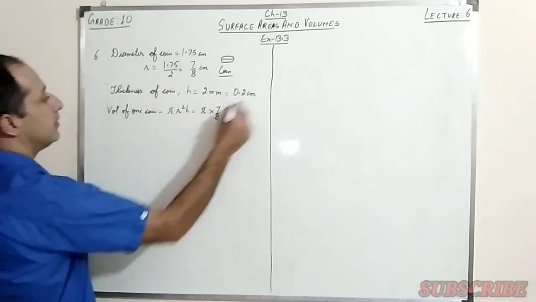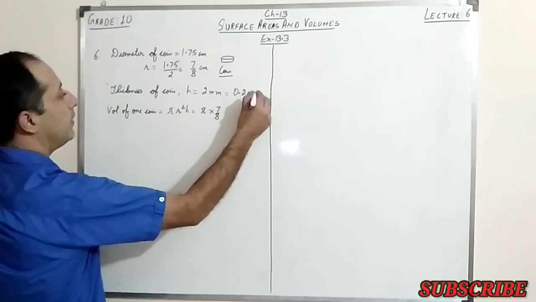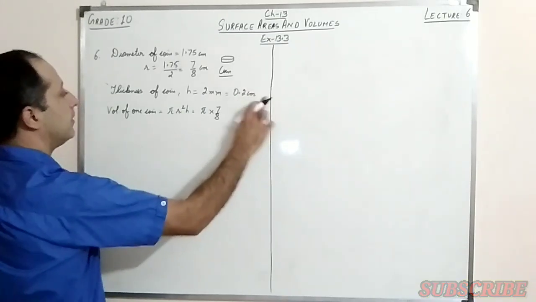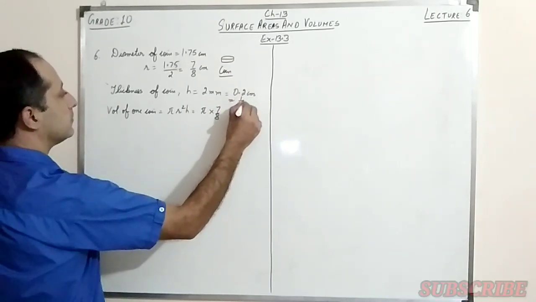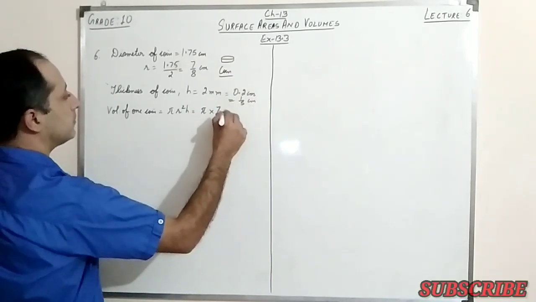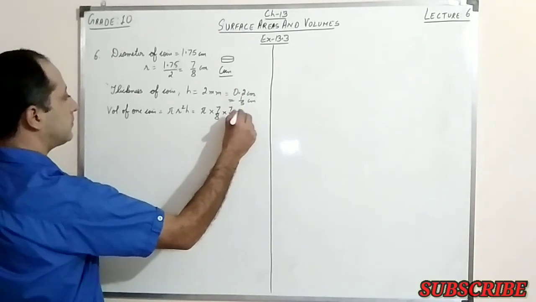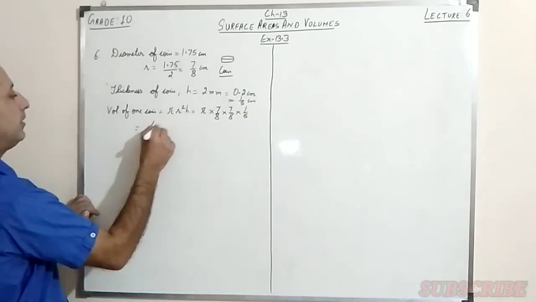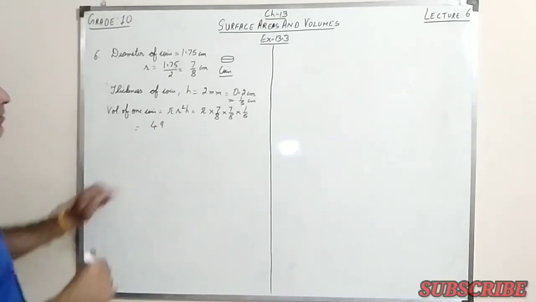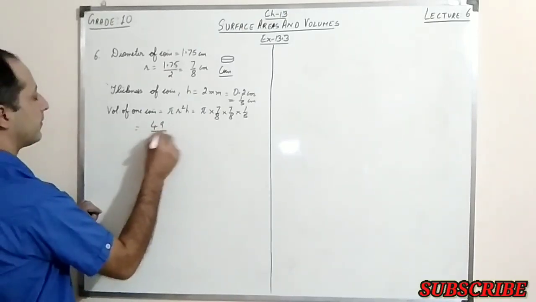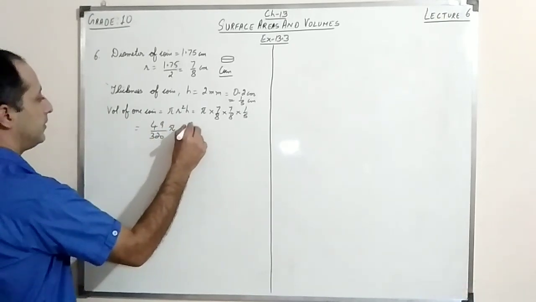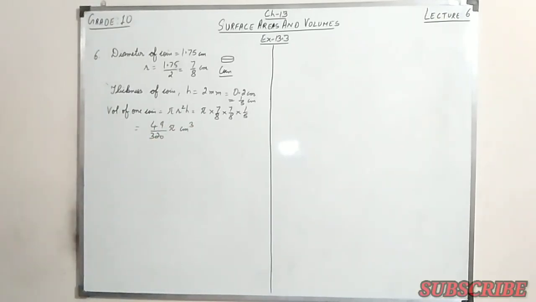I can write it as 1 by 5 centimeter after removing the decimal and simplifying. So this is 49 upon 320 pi centimeter cube. So this is the volume of one coin.